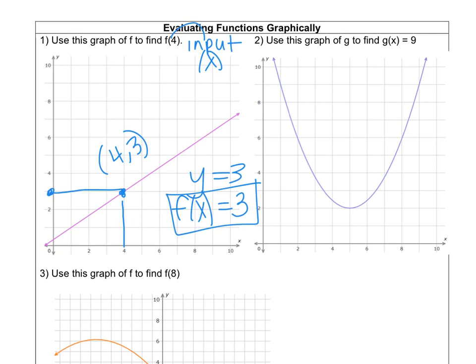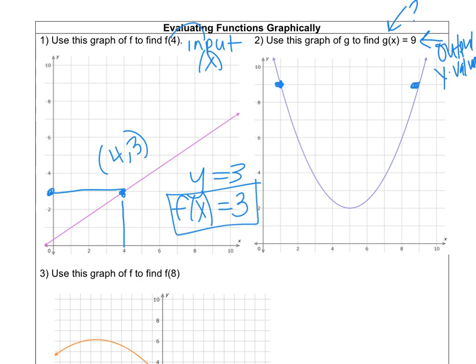All right, number 2. So this time we're going backwards. We don't know what the input is. See, there's an x there. Over here on number 1, we could tell that the input was 4. But on number 2, the input is just x. What we do know, though, is that the output is 9. So this is going to be your y value. So we're going backwards. Now we're going to start on the y-axis and figure out, when my y is 9, what are my x values?